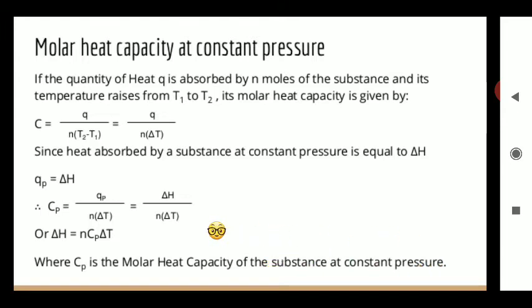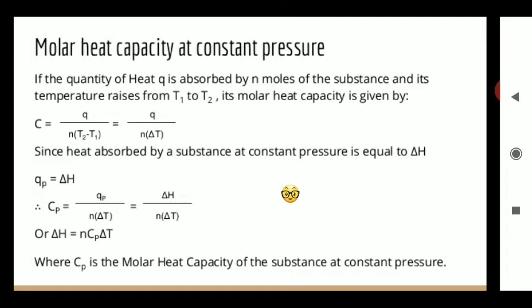Okay, so what are we doing here? We are doing the concept of heat capacity. We have done the two basic definitions in the previous classes: what is heat capacity and what is specific heat capacity. And now we are doing the heat capacity at constant pressure.